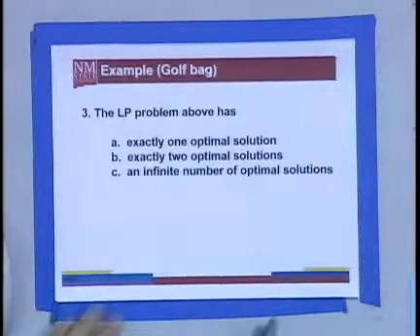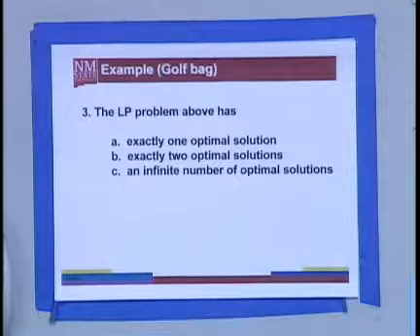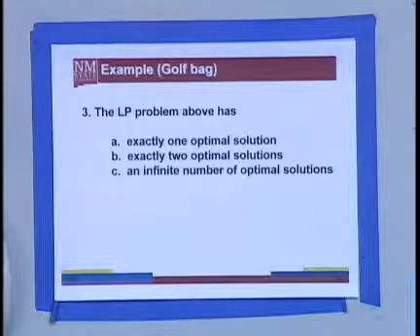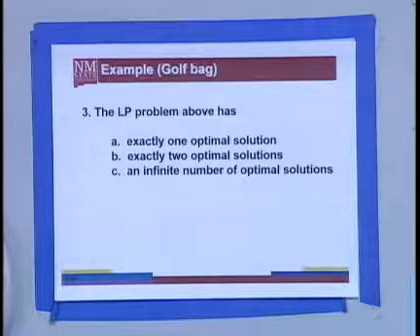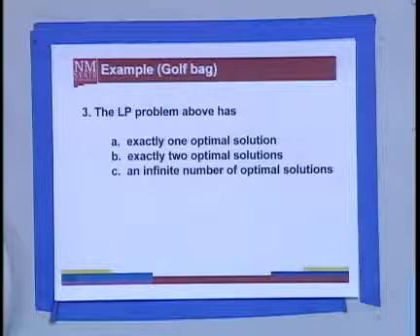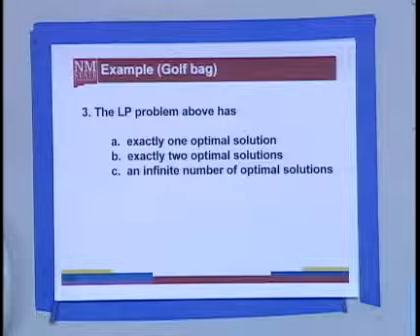Okay, then what about number 3? The LP problem has exactly one optimal solution, or exactly two optimal solutions, or an infinite number of optimal solutions. Which of these is correct for our LP example?